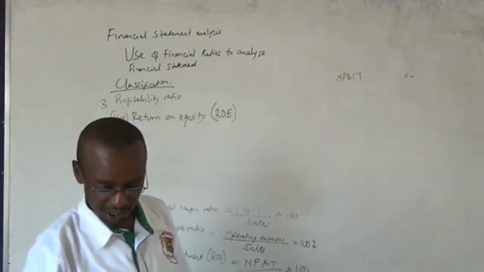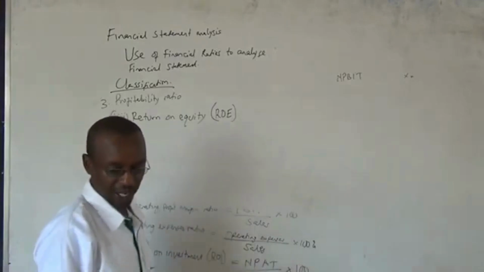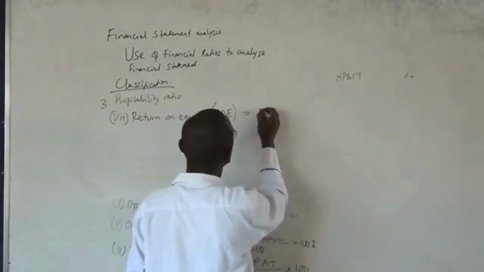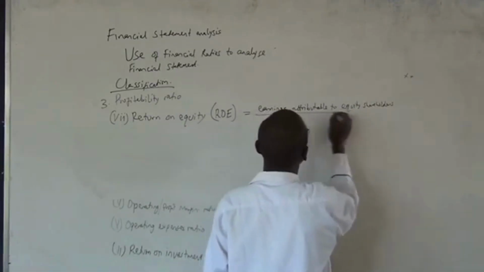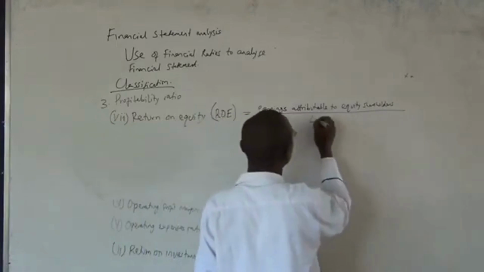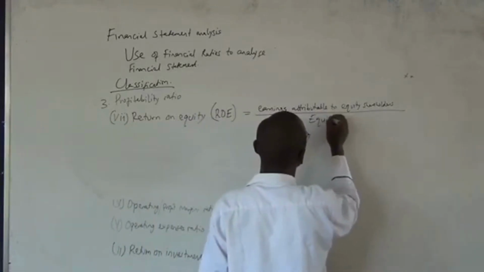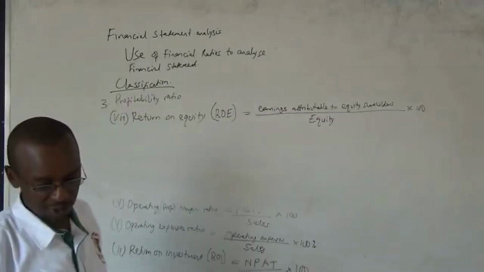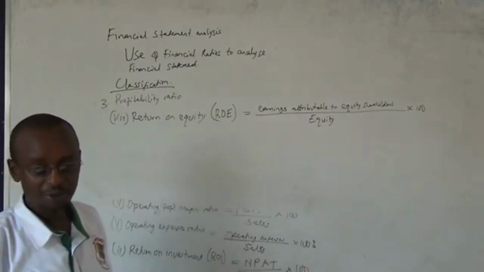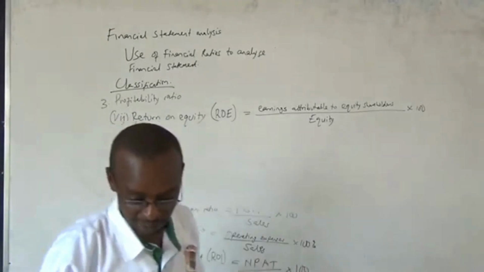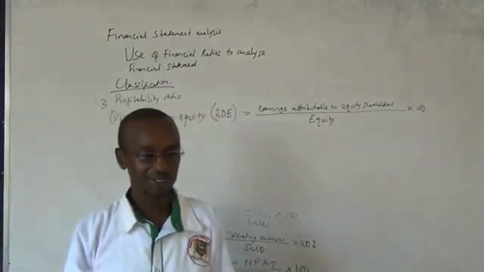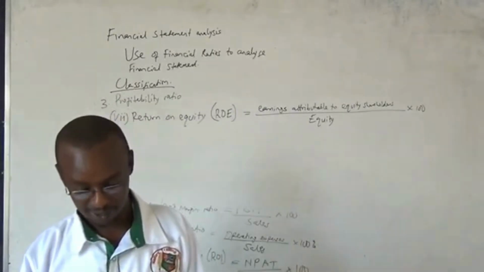So return on equity is earnings attributable to equity shareholders divided by equity multiplied by 100. When we talk about equity, it comprises ordinary share capital, share premium, and what? And reserves.